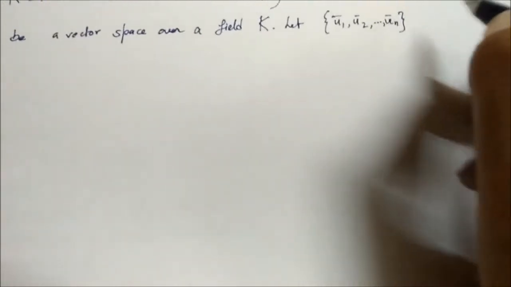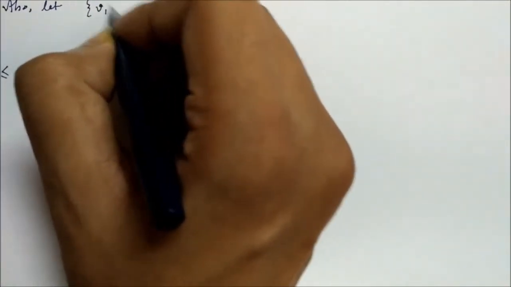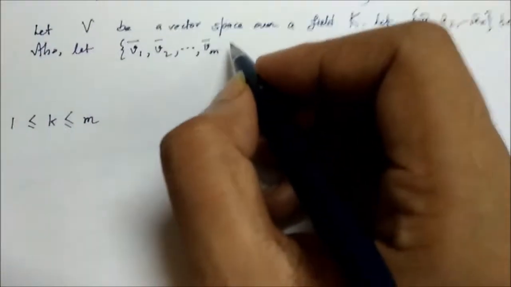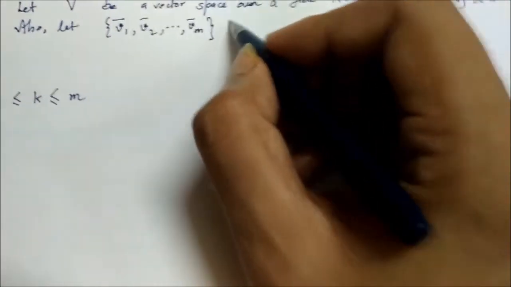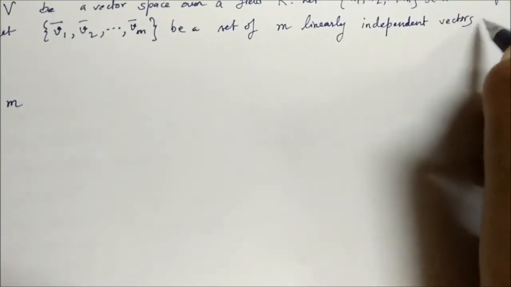So these n vectors be a basis of the vector space V. Okay, and also let V1, V2 and going on to Vm be a set of m linearly independent vectors in V.